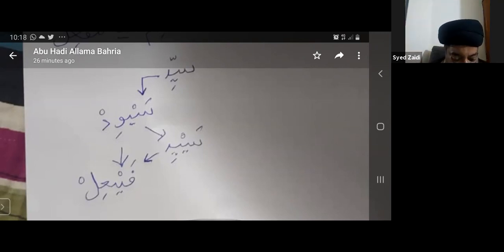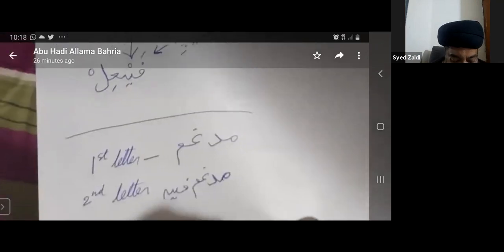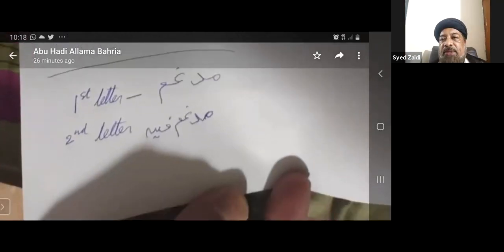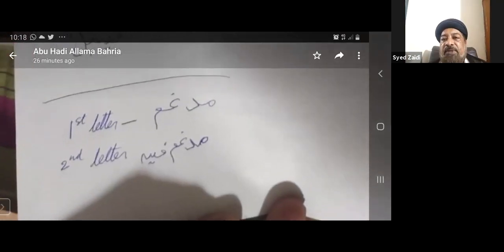the last thing that I want to discuss about number 5 is what do we do? Mudgham and mudgham fih. Once we find the mergers that you've discussed, the first letter of the merger, the 2 lams, for example, in mu'allim, there were 2 lams. One was zaid, one was asli, right? So the first letter is mudgham.